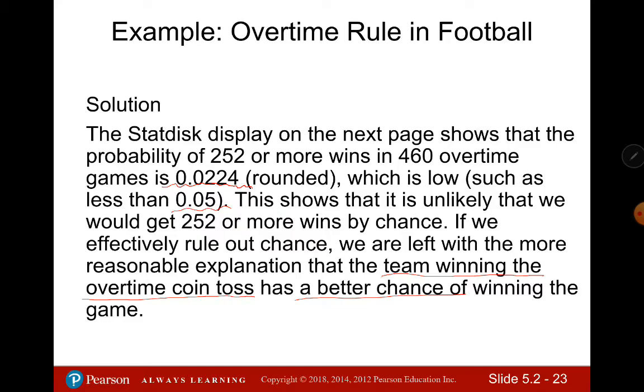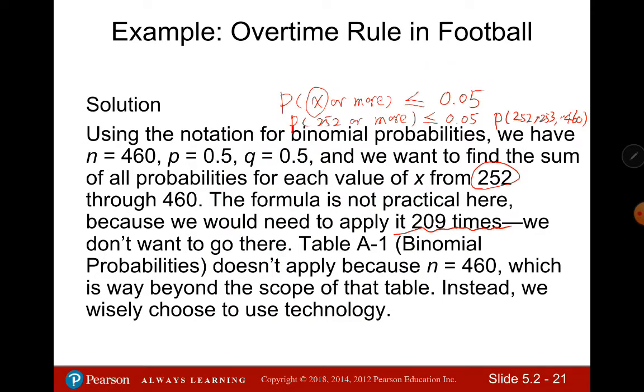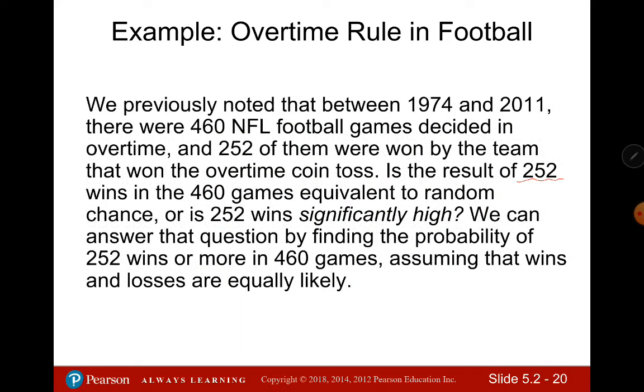When we talk about the coin toss, assuming that wins and loses are equally likely, from this question we know p is equal to q is equal to 0.5. That's how we get p and q.